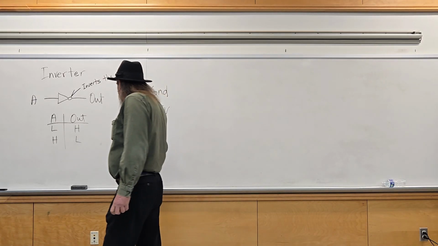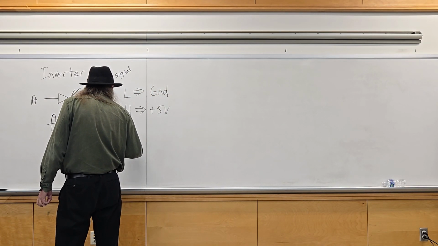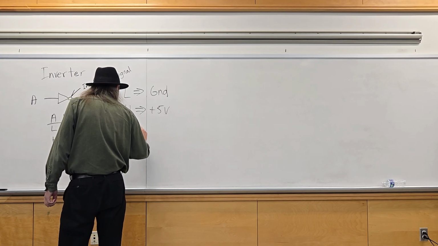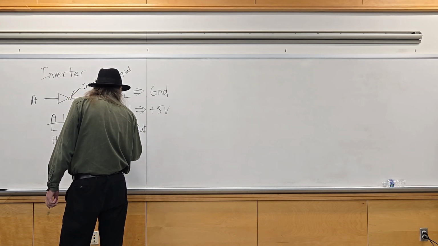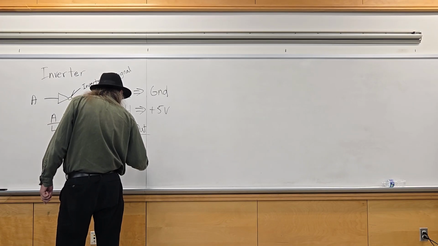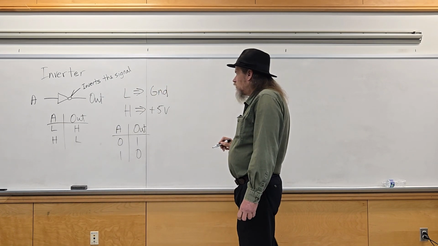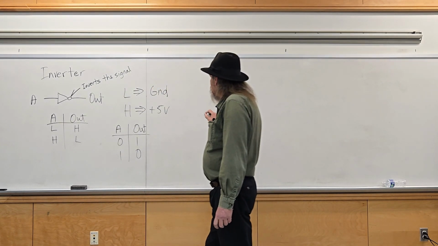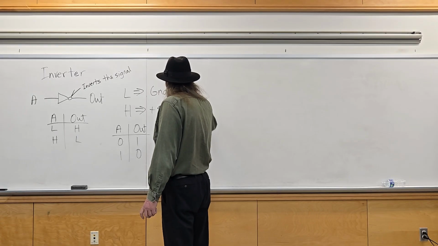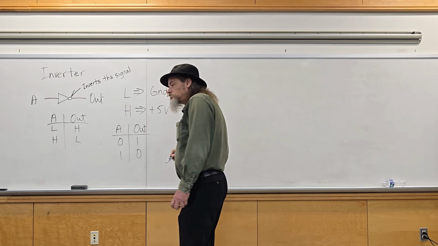This can also be used with binary, where ground equals 0 and high, 5 volts, equals 1.